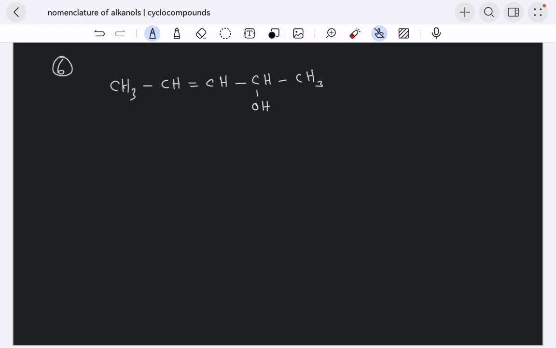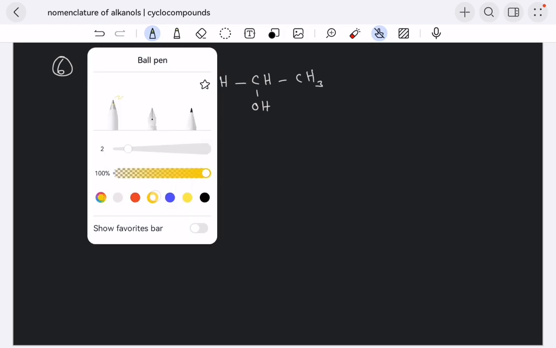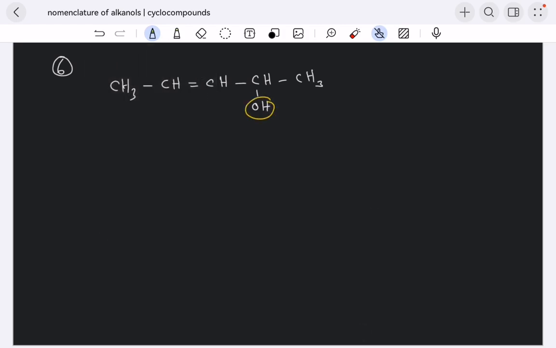So remember, the counting should prioritize the hydroxyl. So we'll say 1, 2, 3, 4, 5. So we know that at position number 3, we could have said 3-pentene. So we're going to remove that.